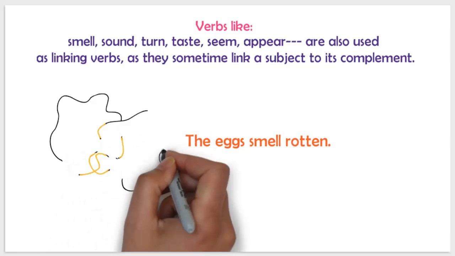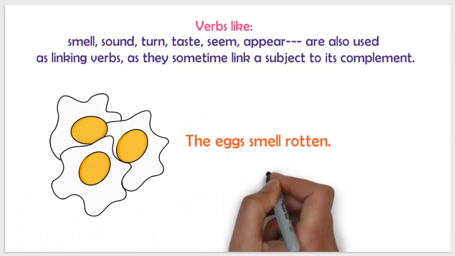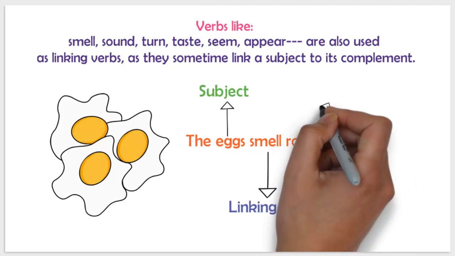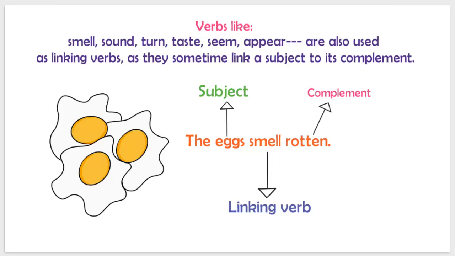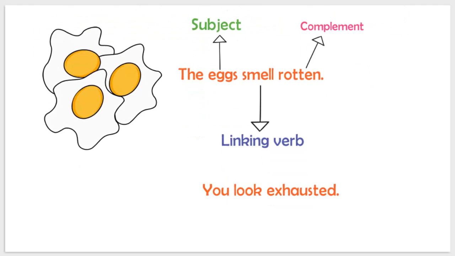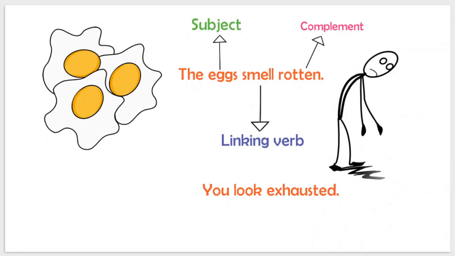For example, the egg smells rotten. Here the verb smells links the subject, the egg, to its complement rotten. So it's a linking verb. Here we have another example. You look exhausted. Here the verb look links the subject you to its complement exhausted. So it's a linking verb.